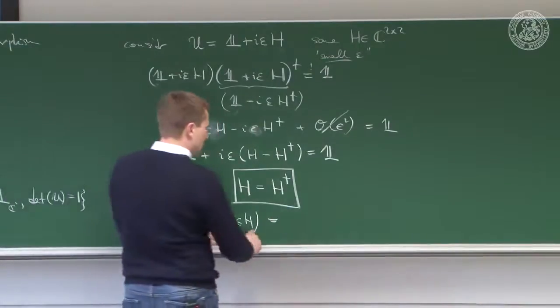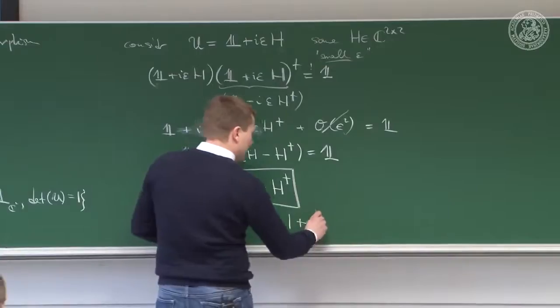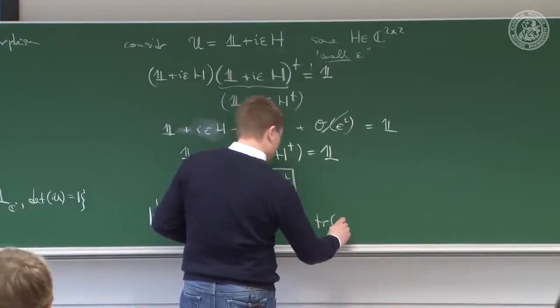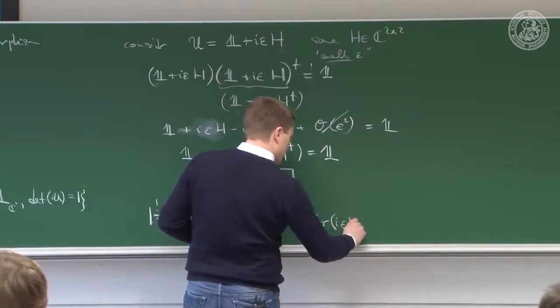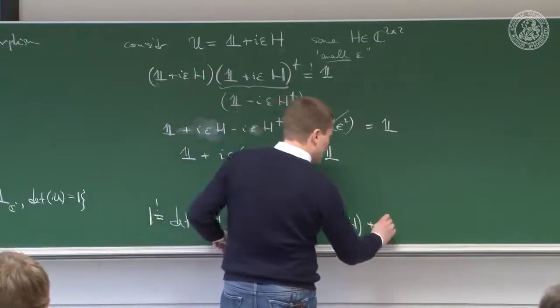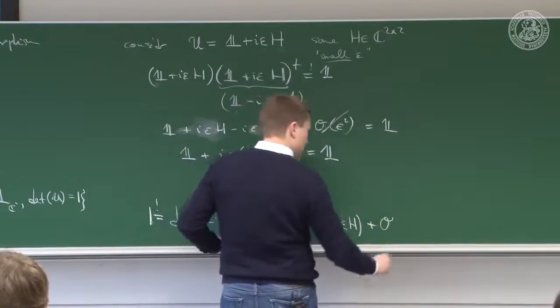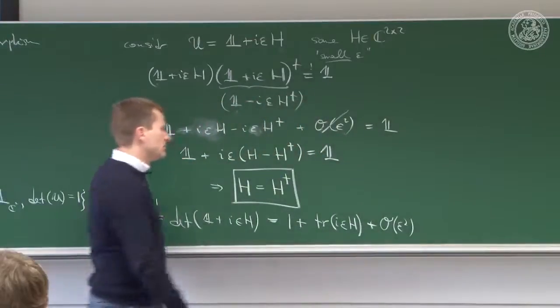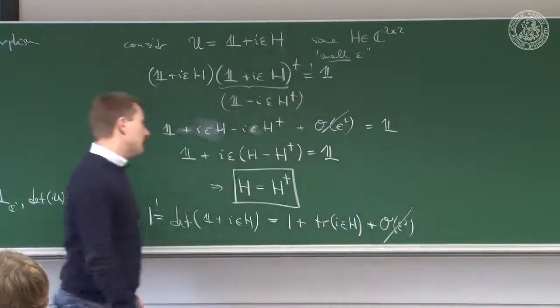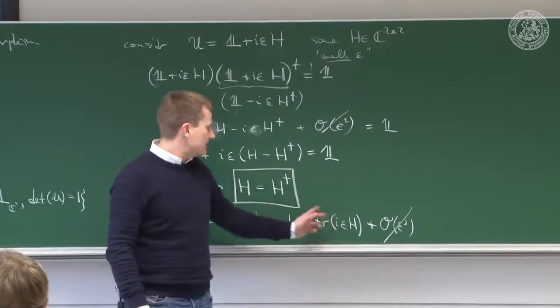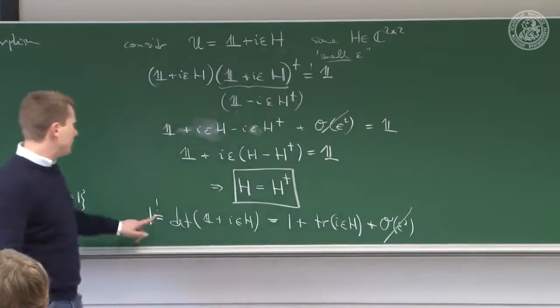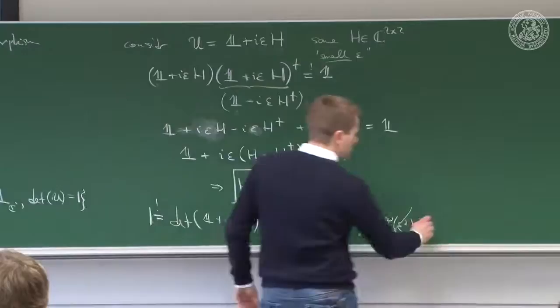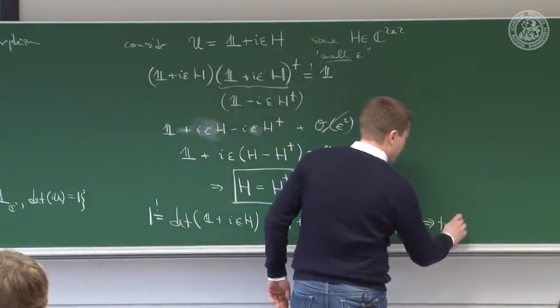So the determinant of 1 plus something is 1 plus the trace of this something, i epsilon h, plus higher orders in the something. That would amount to higher orders in epsilon, which we again forget about, but the trace is linear, so the i epsilon goes out. The only way for this to equal 1 is that the trace of h vanishes.